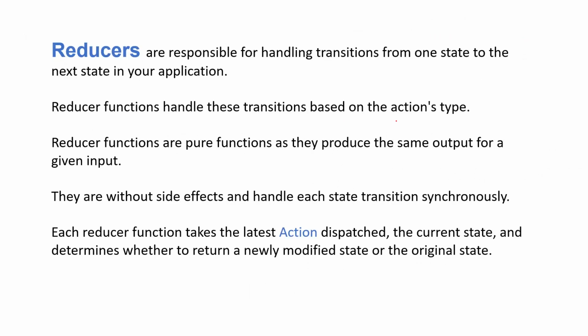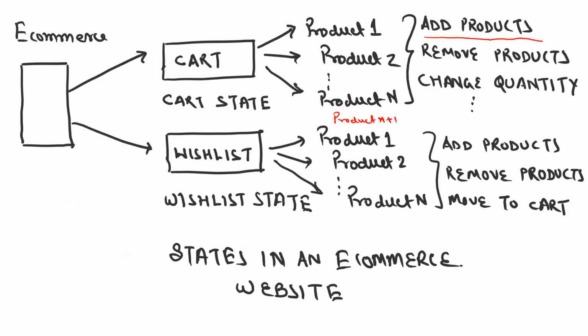Now, reducer functions are without side effects. What does that mean? If you look at it, reducer functions are only handling the products, from 1 till n. They're not doing anything else other than adding a product to the product state, removing a product from the product state, and changing the quantity of a product in the product state.